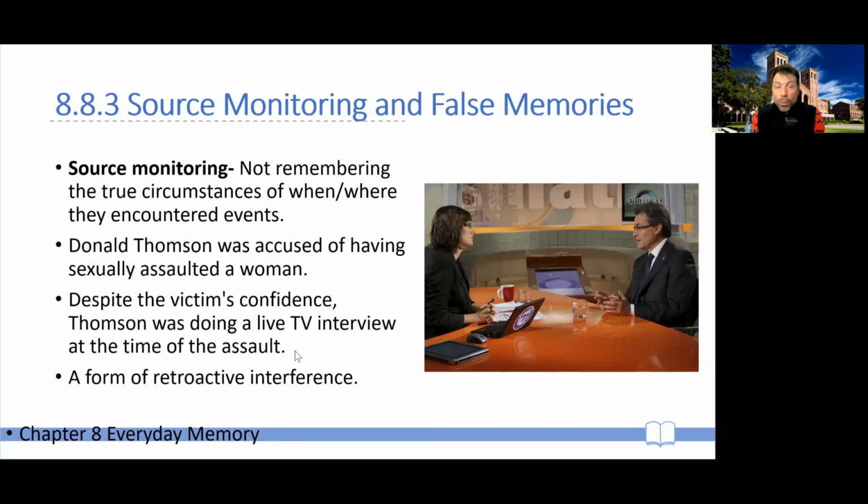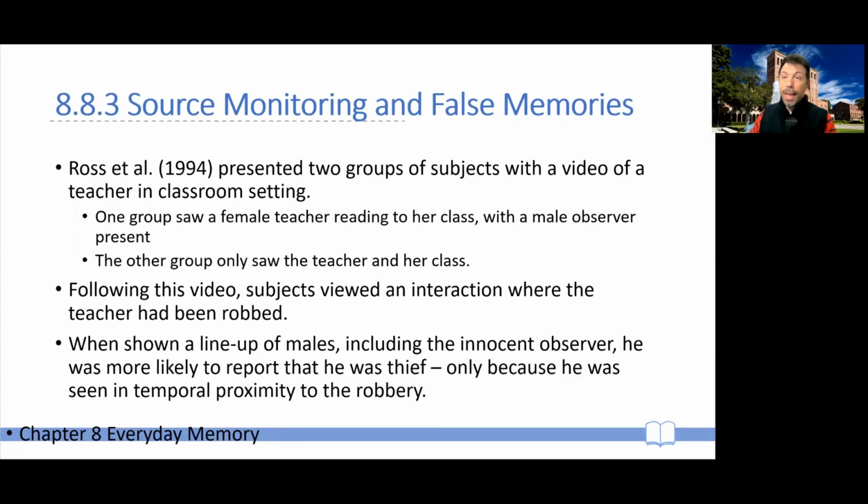See, that's what's so striking, though: the tension between the confidence that we often have for our memories, and it happens all the time, and whether they're accurate or not. The two, confidence and accuracy, actually dissociate very often. Now, one example of this in the lab, rather than just an observation of something that happened, was provided by Ross and colleagues in 1994.